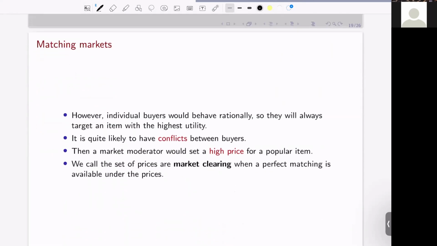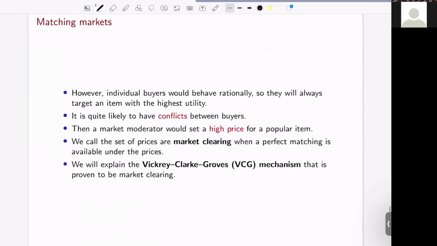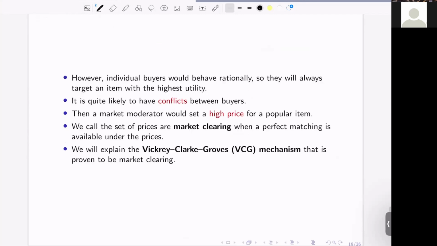The final set of prices is called market clearing if there's no conflict and we can induce a perfect assignment. The pricing mechanism is due to three people, and they got the Nobel Prize in economics for this, I think in the 1960s or something. Even though this concept is pretty old, it's interesting.